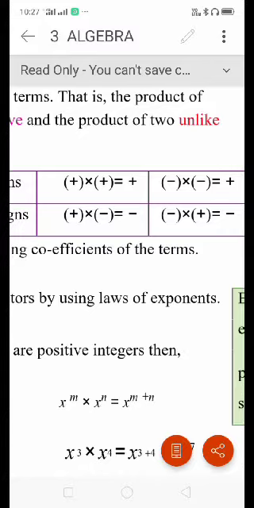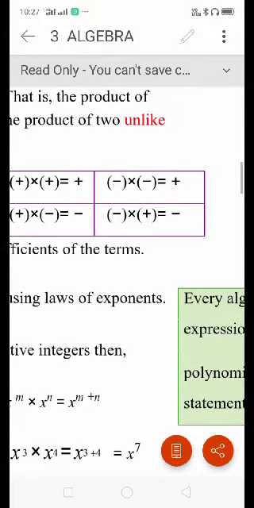If a term has a plus symbol and the second term has a minus symbol, you have to multiply the symbols first. So plus into minus always gives out a negative sign. When a positive sign is multiplied with a negative sign, you will definitely get a minus symbol only. Understand? So here also minus into plus, minus sign.